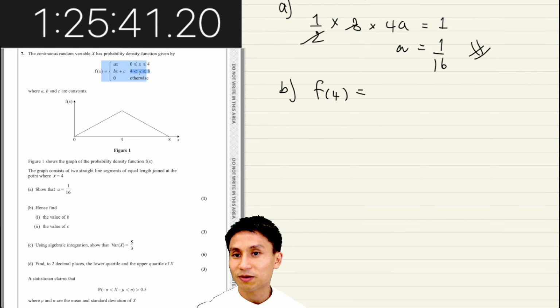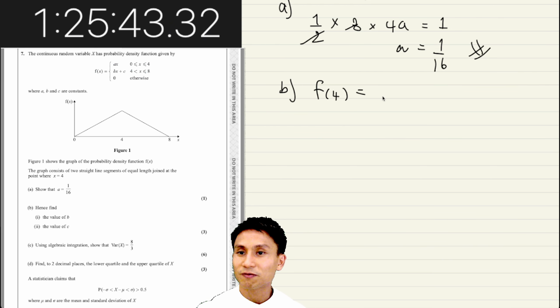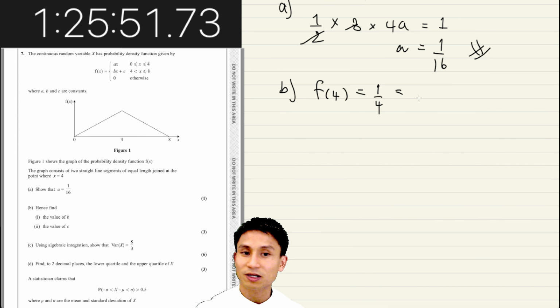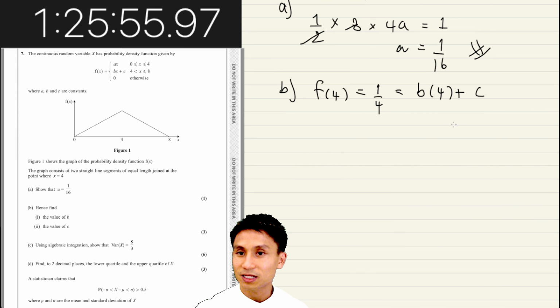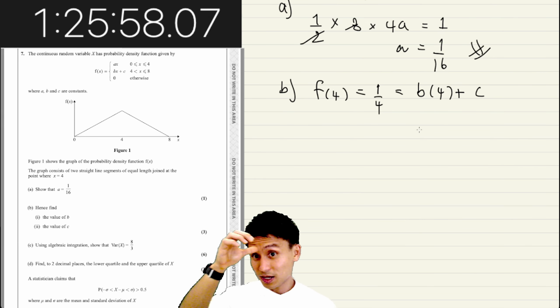That should give you the same as this part, right? So if we sub 4 in the ax, we get 4 over 16 there, right? Because a is 1 over 16. And that should be equal to 4 substituted in the other function, so it's b times 4 plus c. Okay?